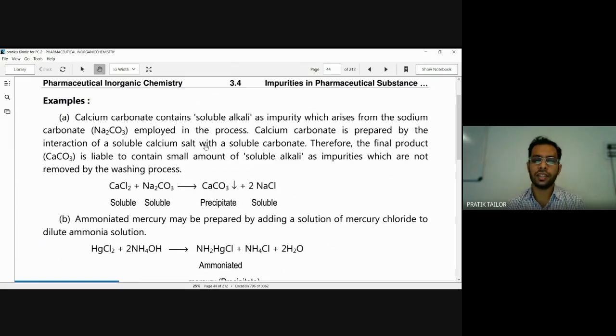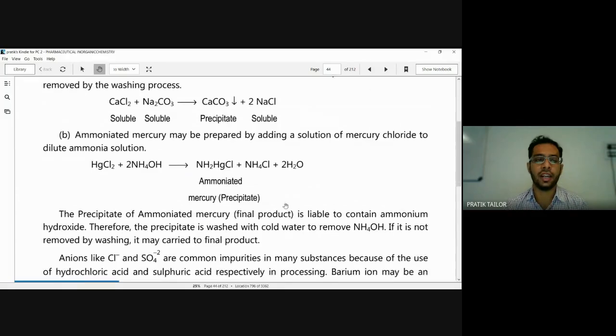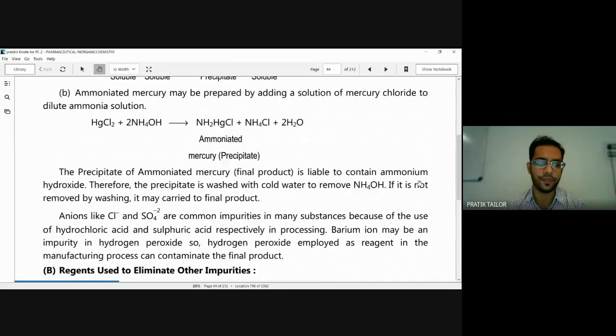So what we are saying is, if you are using sodium carbonate, it has some alkaline impurity, and if we are preparing from this, chances are that the impurity from sodium carbonate comes into calcium carbonate. Similarly, we have this example of ammoniated mercury, which is prepared by adding a solution of mercury chloride to dilute ammonia solution.